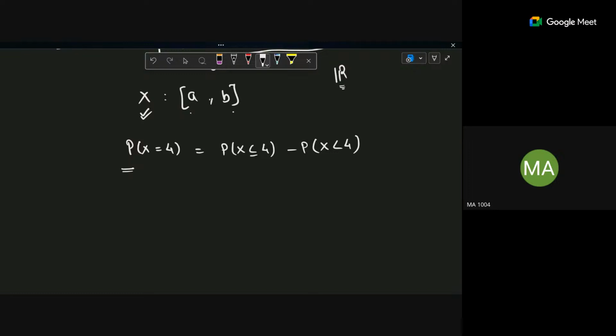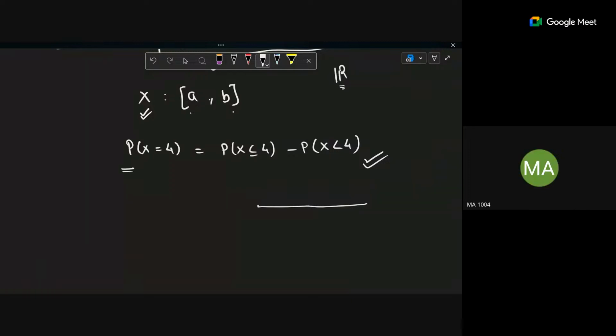Did you get why this is correct? No, I was confused because I think at a particular point it should be 0, like you told. But if your x is a discrete random variable, at that time it is not. Okay, see, in this question, if it is not mentioned, then we cannot say.